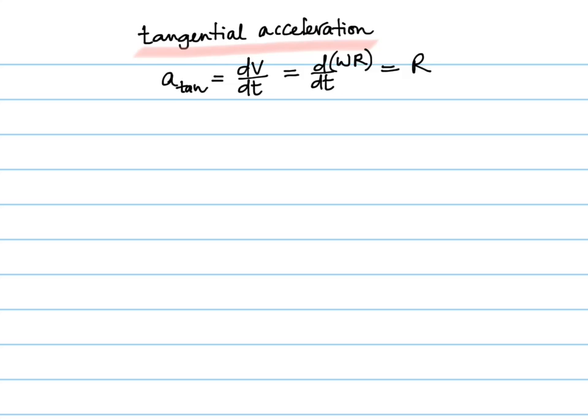What is constant there? In that equation, what is constant? You already see it. The radius is constant, so you take it out. Radius is constant, so you have r d omega by dt, a new formula. And what is d omega by dt? D omega by dt is alpha. So you got a new formula. A tan is r times alpha. Yes. Tangential acceleration is r times alpha.